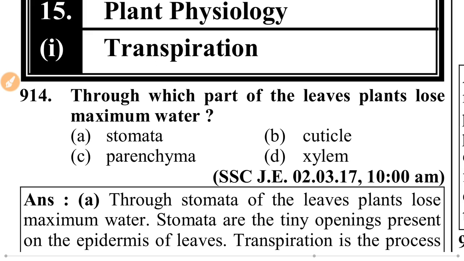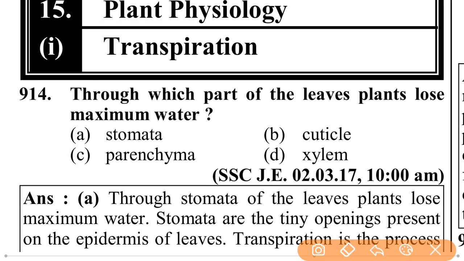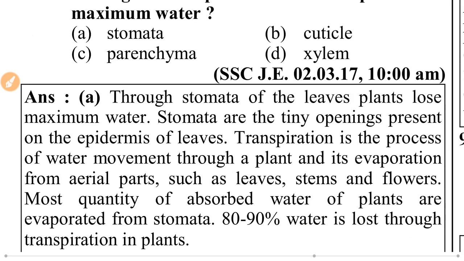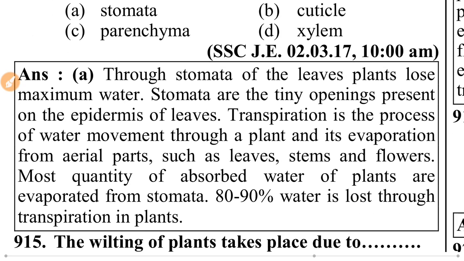Plant physiology. Transpiration. Through which part of the leaves plant lose maximum water? That is stomata. Through stomata of the leaves plant lose maximum water. Stomata are the tiny openings present on the epidermis of leaves.